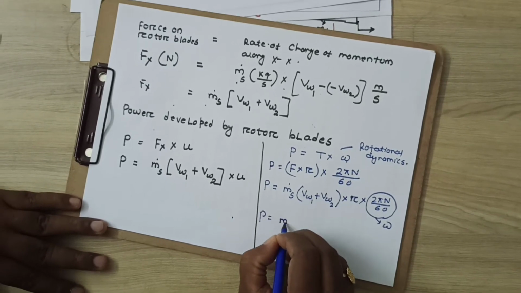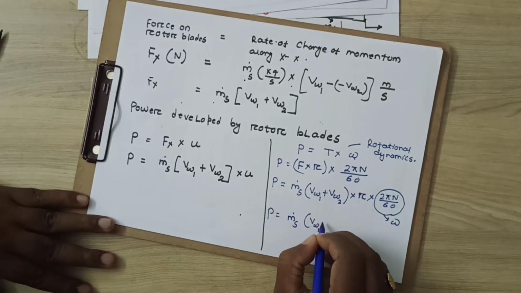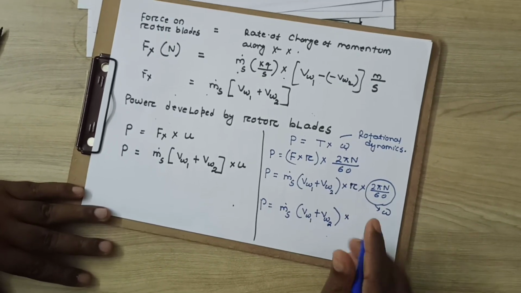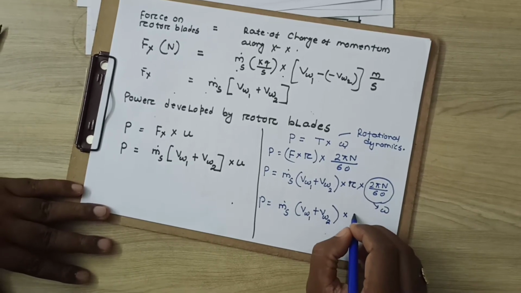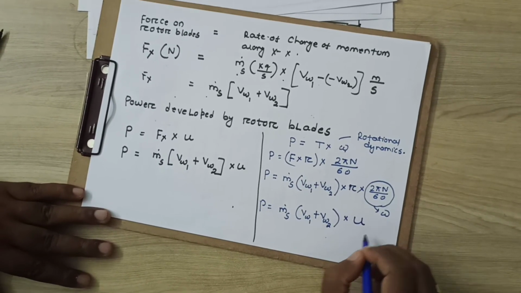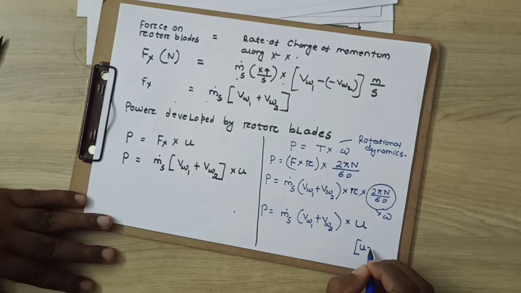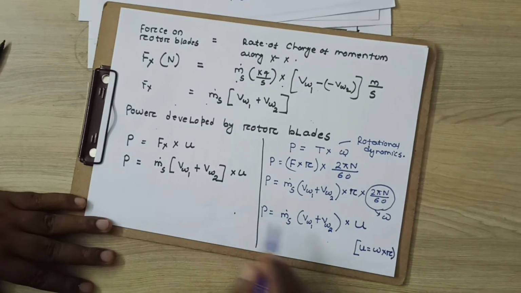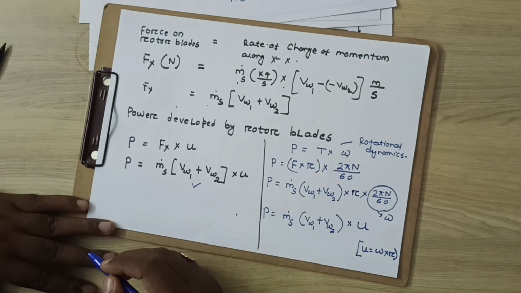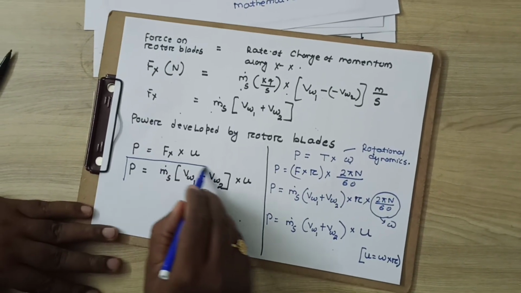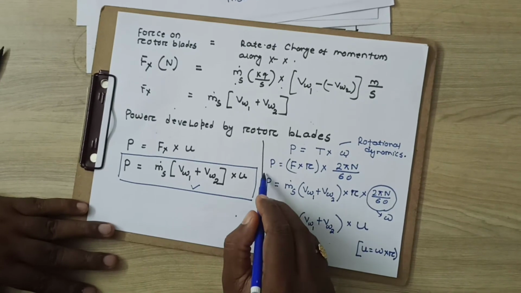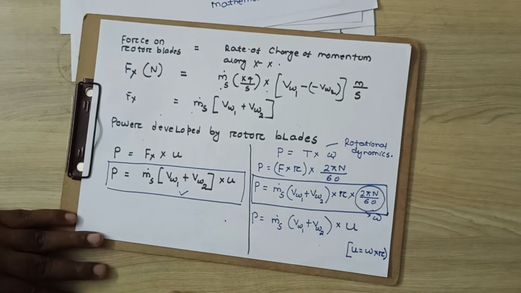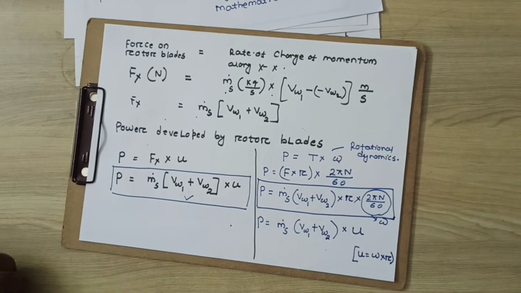Or I can write it as m dot s into Vw1 plus Vw2 into omega into R. This is the linear or tangential velocity u, since linear velocity u is equal to omega into R. You can use either of these formulas, both are the same. This format of equation can be used, or this format can be used. Okay, so this is the power developed by the rotor blades.